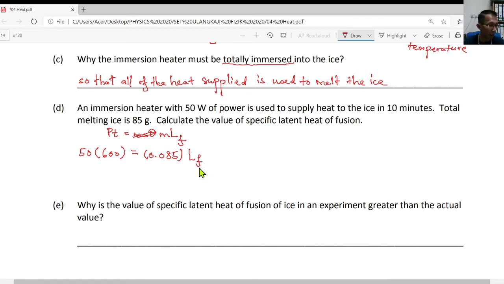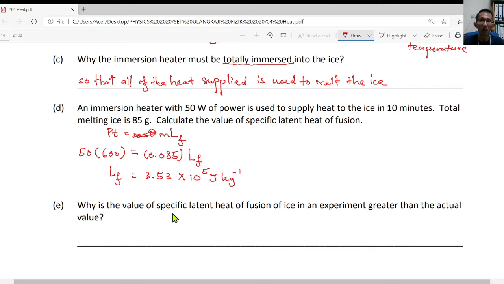Now you can calculate your specific latent heat of fusion. And this one you should be able to get the answer 3.53 times 10 to the power of 5 joule per kilogram.